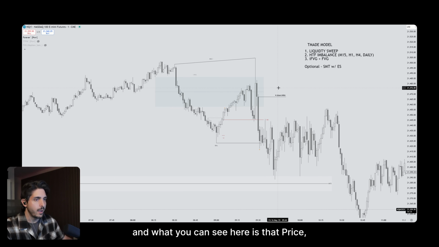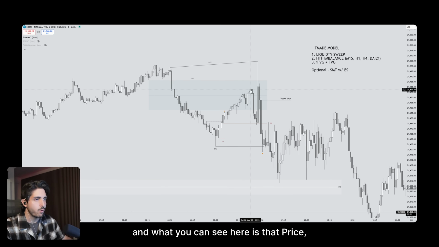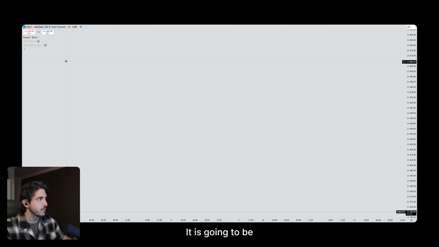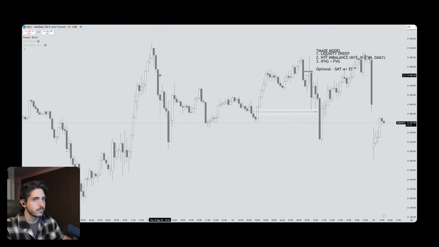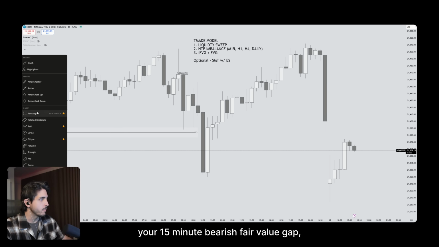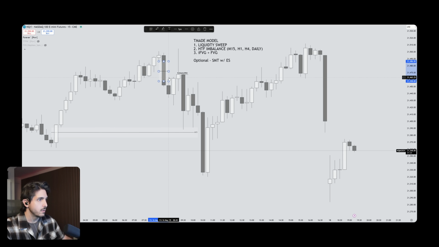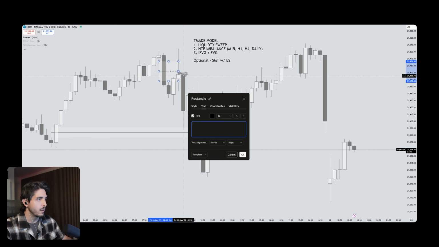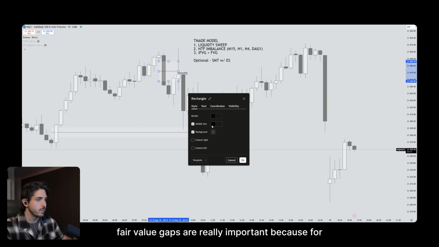At 9:30 a.m., what you can see here is that price is inside of a higher time frame inversion. So what is this inversion here on the 15-minute? It is your 15-minute bearish fair value gap. M15s, or 15-minute fair value gaps, are really important, because for me the higher time frame starts at 15 minutes.